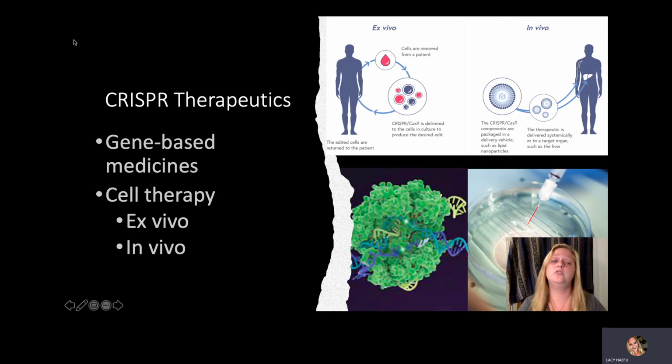And they may also insert new genes to give cells new functions. There are two types: ex vivo, which is outside of the body, in which cells are removed and CRISPR-Cas9 is introduced to those cells within a culture. And in vivo, in which CRISPR-Cas9 is delivered directly to the person through lipid nanoparticles, which are delivered systemically or to a target.